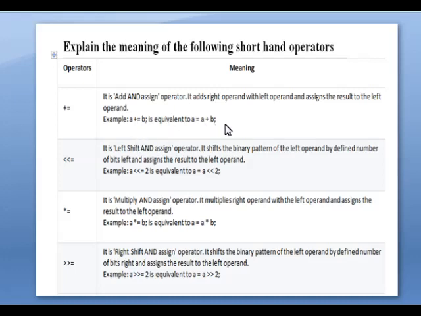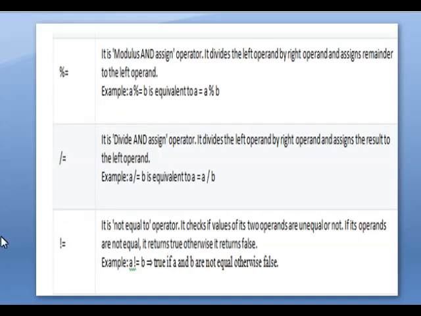This is the shift and assign operator, and this one is multiplication. a *= b means a = a * b. This is the right shift assign operator. This is modulus and equal to, this is divide and equal to, this is not equal to.